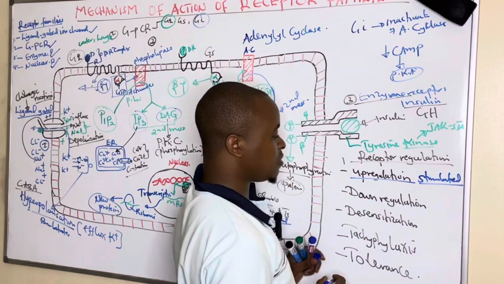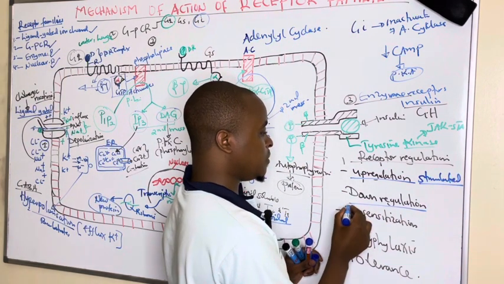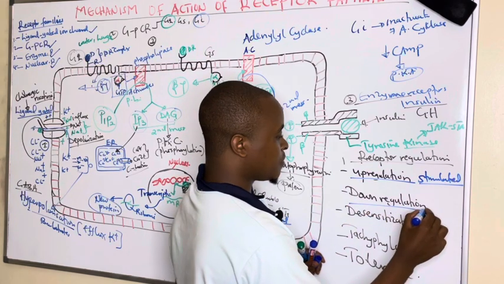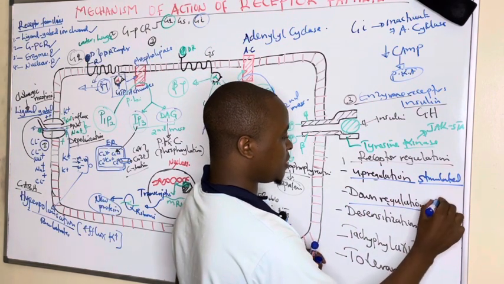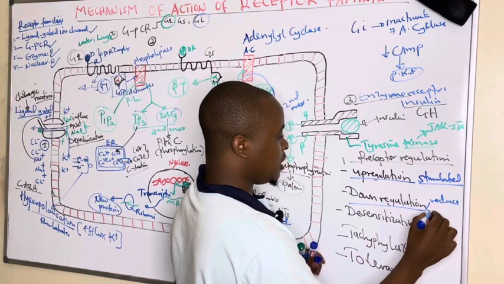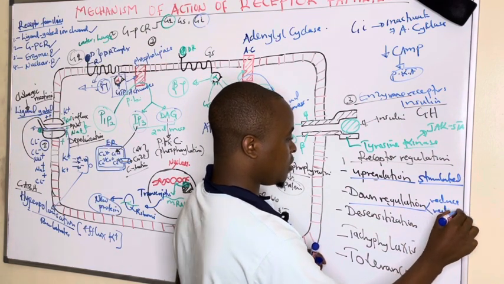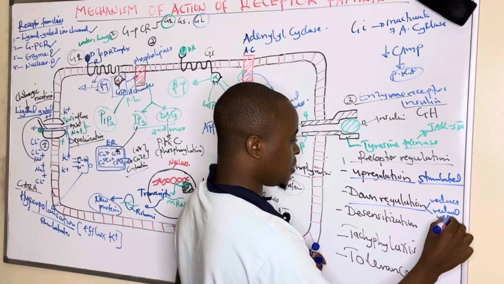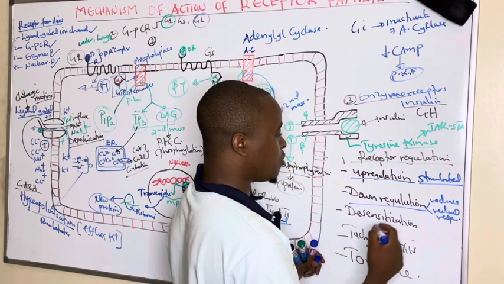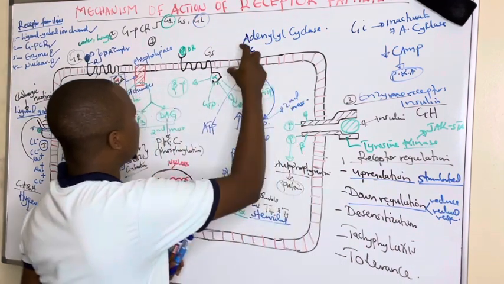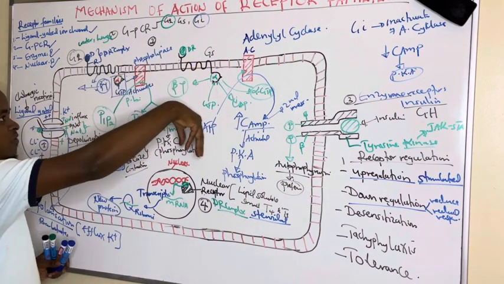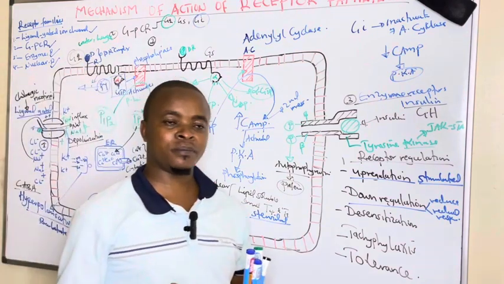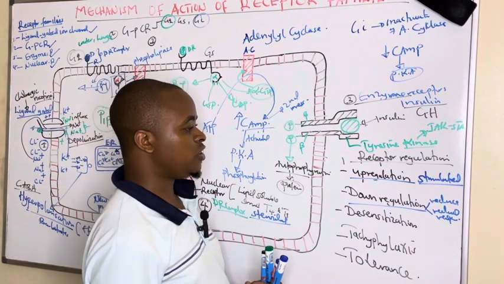Whereas downregulation is whereby the receptors on the surface reduce in number, leading to a reduced response. That is what we call downregulation. So you find the cells which have extracellular receptors, they are hidden or engulfed, reducing the number. That is what we call downregulation.